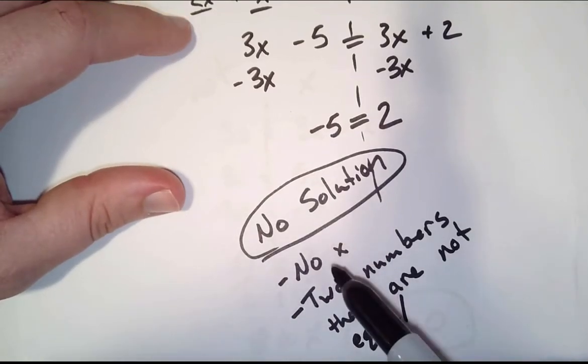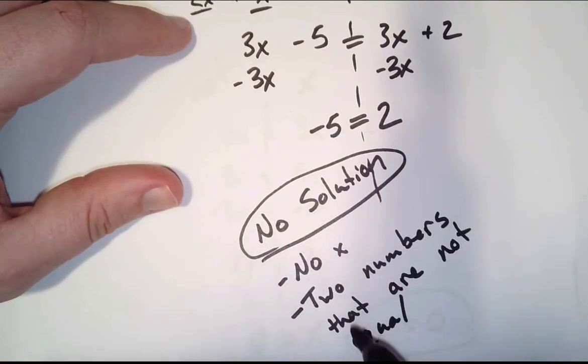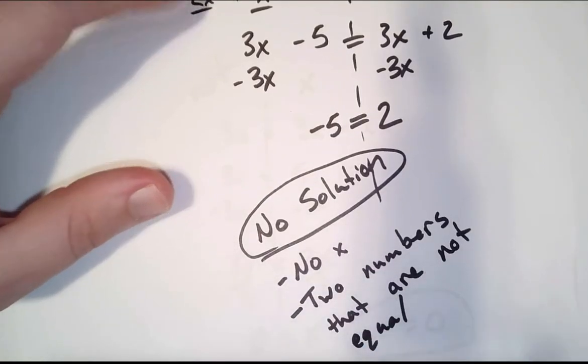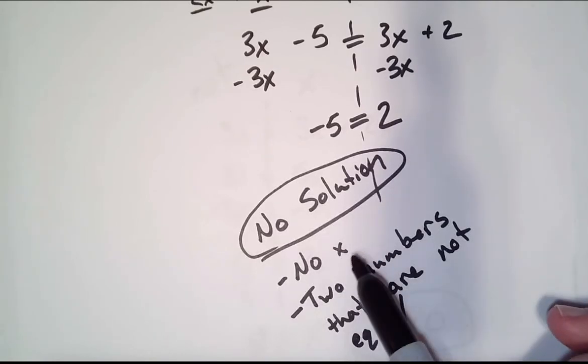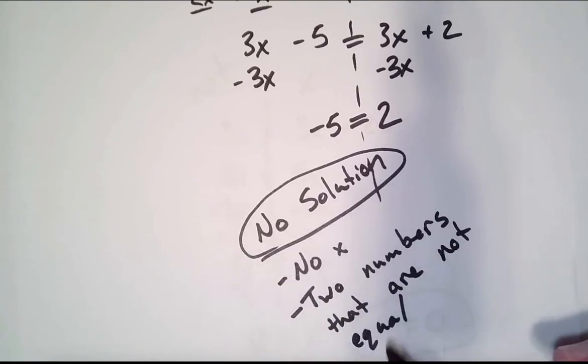Okay, if I would have no variable or no x and two numbers that are equal, I would have all solutions. And if I do have a variable left, I cannot say either of those. I need to get rid of variables in order to get no solution.